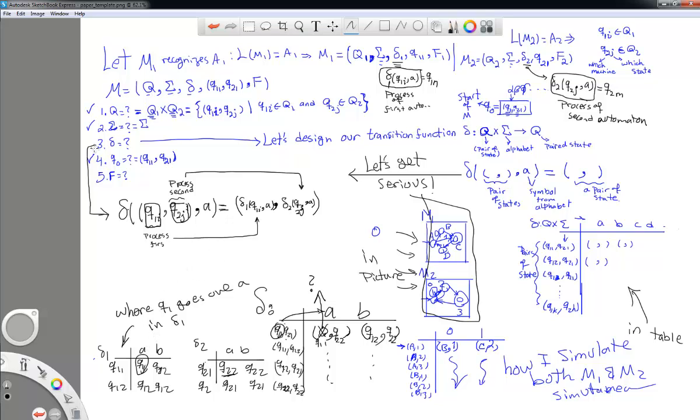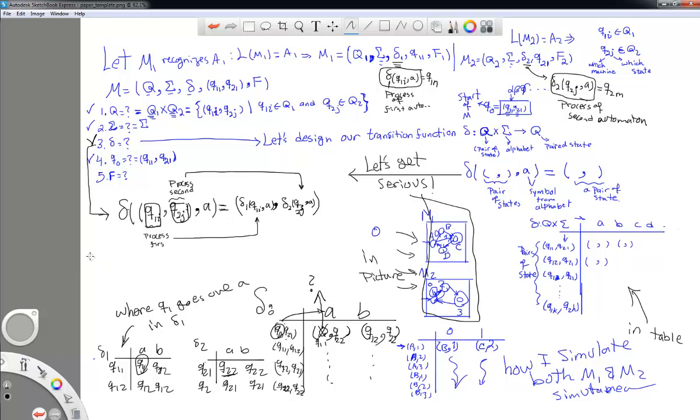So this is good. Now I proved my third section too, or rather I constructed something that takes care of the third element of my resulting automaton, and that is its transition function.